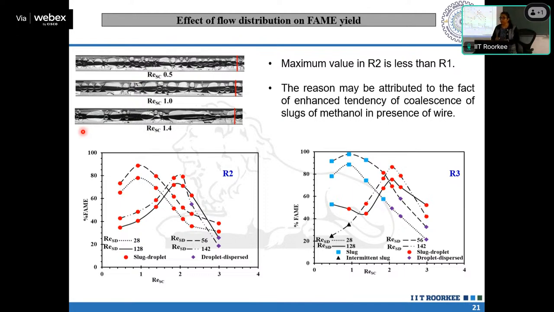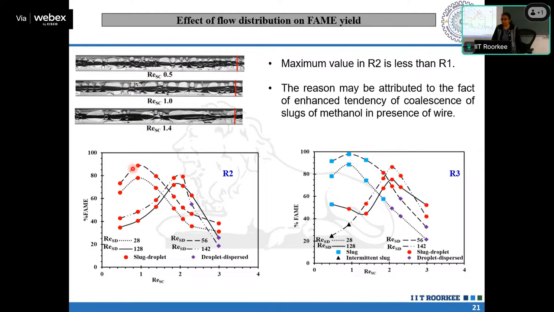When we inserted the wire, the maximum yield that we obtained in reactor 2 is less than reactor 1. This happened because there is a tendency for the methanol to sit on the stainless steel wire, forming a long structure. When the long structure is formed, your specific surface area is again disturbed. So that is why the maximum yield in R2 is reduced.